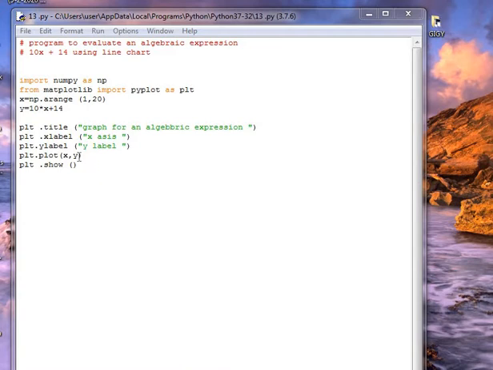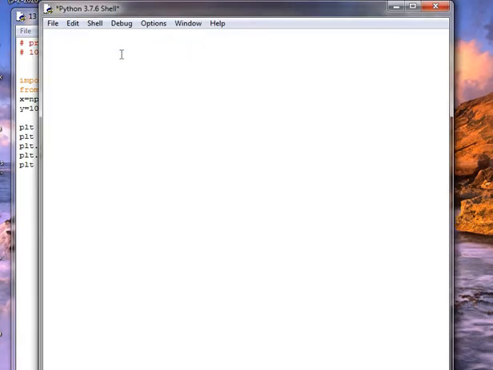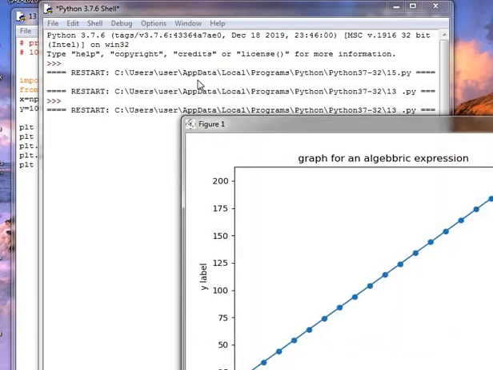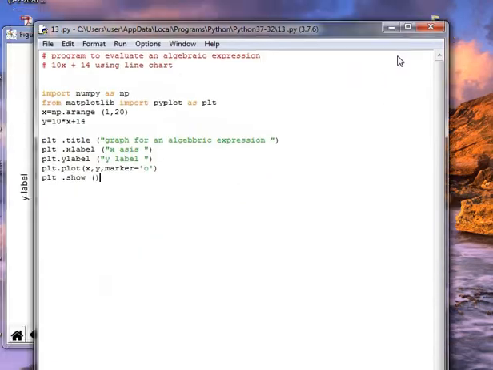In that plot x comma y comma marker to find out the values. Okay, marker is equal to single quotes O. Then you can run this script. So it is very easy to find out the data points.